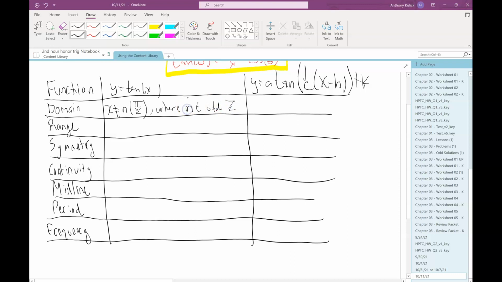So again, our odd integers like 1, 3, 5, 7, that would be pi over 2, 3 pi over 2, 5 pi over 2, 7 pi over 2, and the negatives along with it, right?